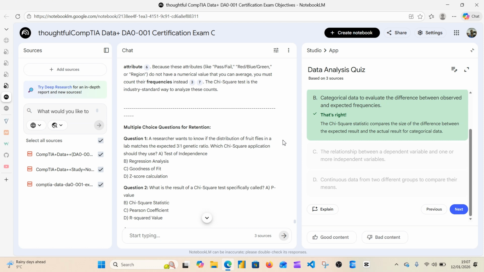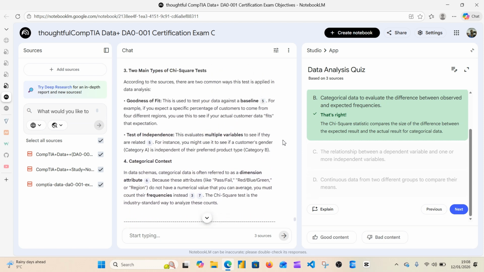I'll read the question again. A researcher wants to know if the distribution of fruit flies in a lab matches the expected 3:1 genetic ratio. Which chi-square application should I use?